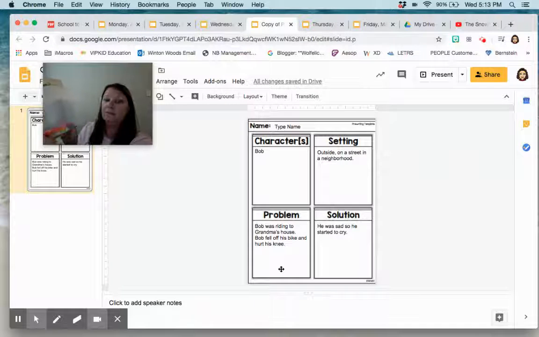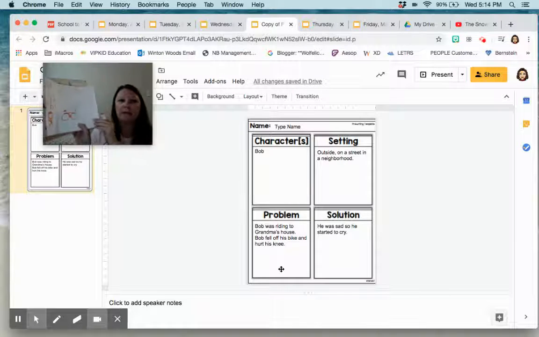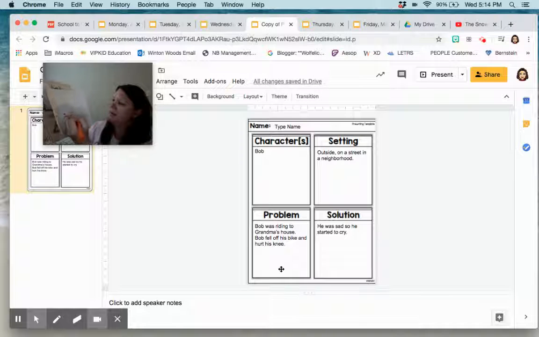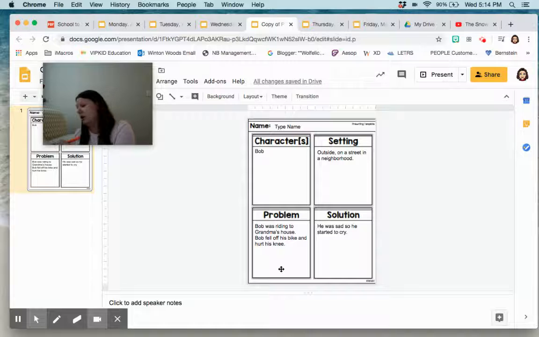The middle, we said that he was riding his bike. Okay, his bike. Ooh, it's not in the picture. He rode his bike and he fell off. So I'm just going to draw Bob laying on the ground.